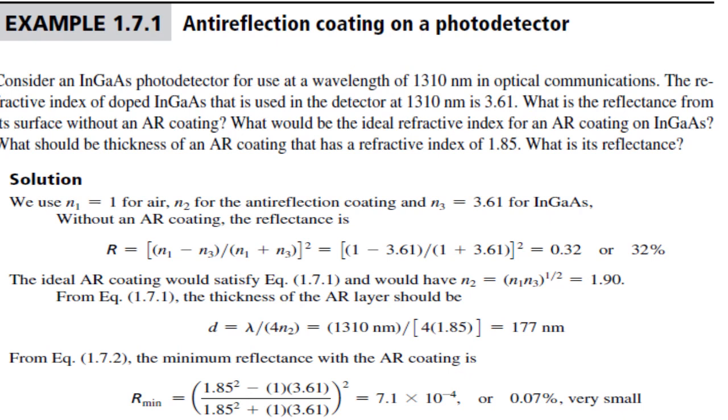Considering 1.90, the thickness at 1310 nanometer is 177 nanometer, or its odd multiples. And finally, the minimum reflectance using an AR coating of 1.90 or 1.85, as shown in the example, is 0.07 percent, which is very small compared to the 32 percent.